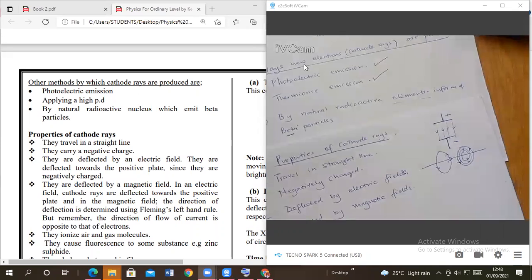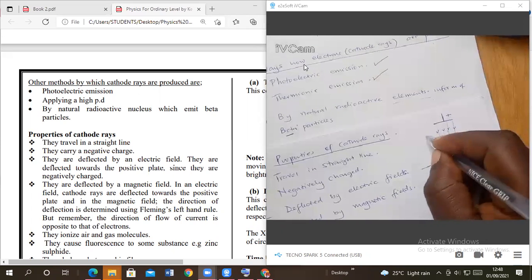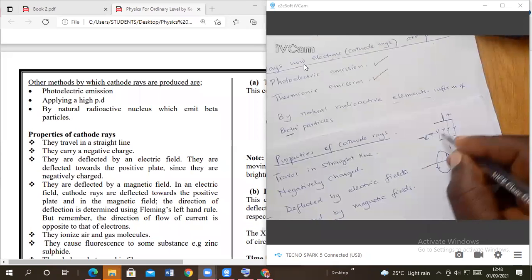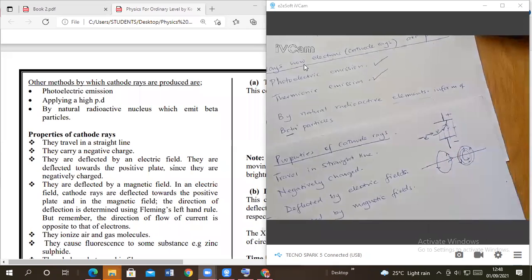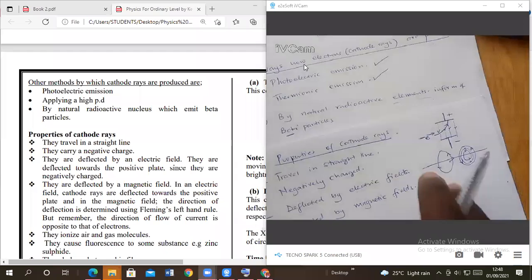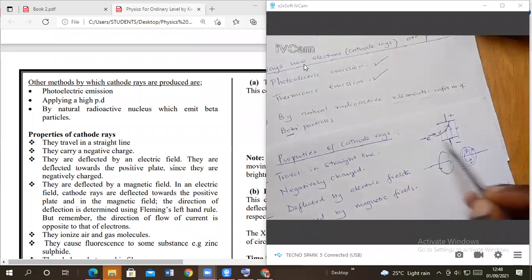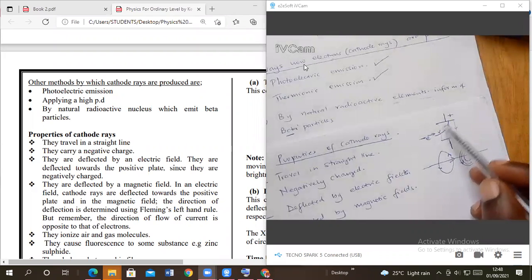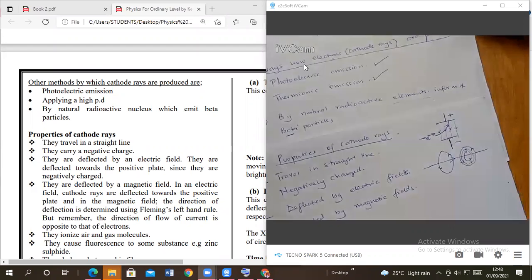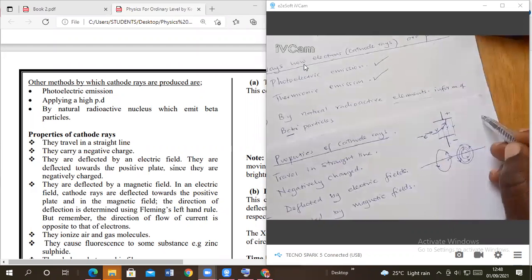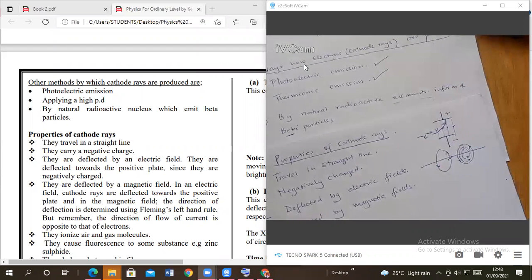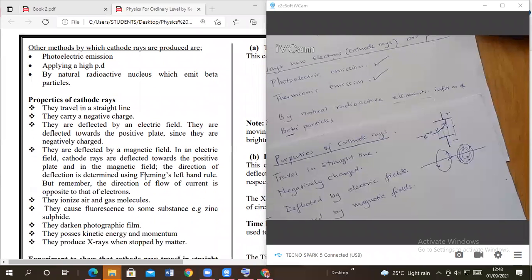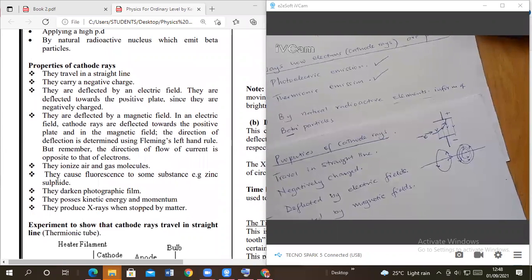Negatives always repel, and the ones which have an opposite charge will attract. So the electron is deflected. Instead of moving straight, it will go towards the positive. That's what we call deflection. Then six, they ionize air and gas molecules.